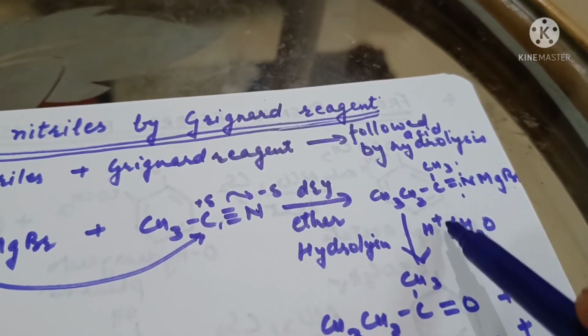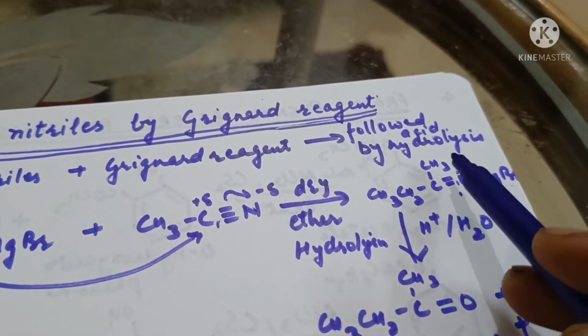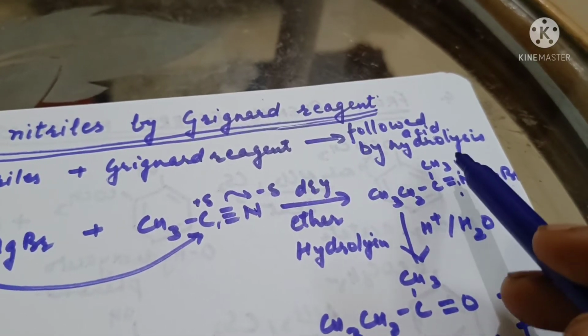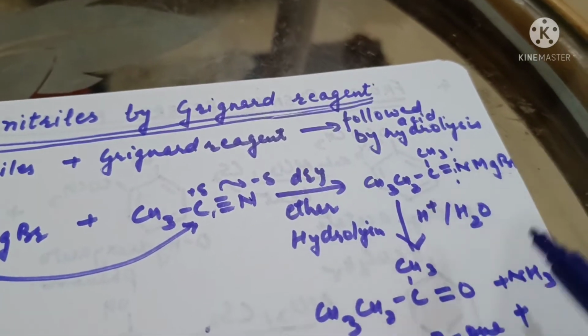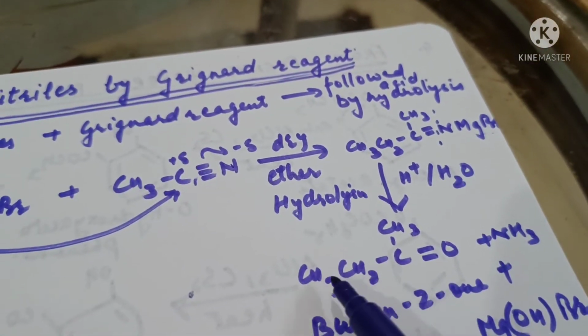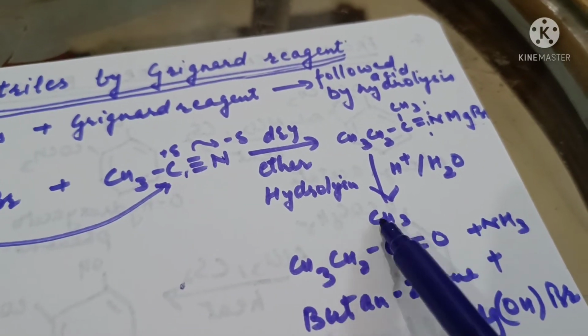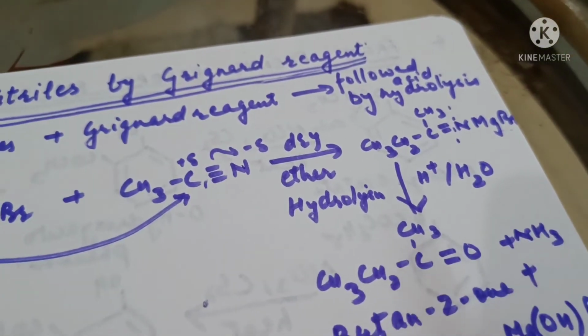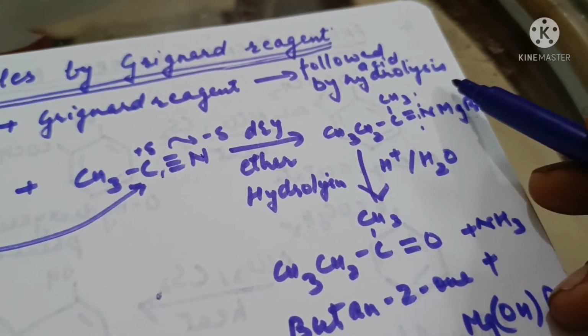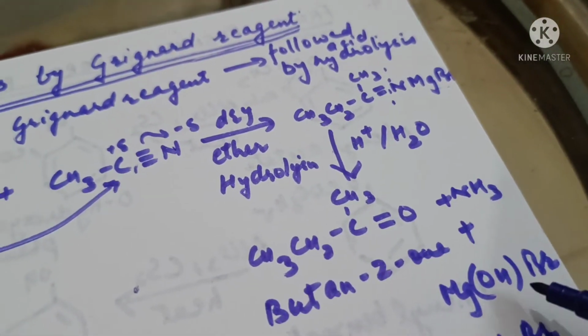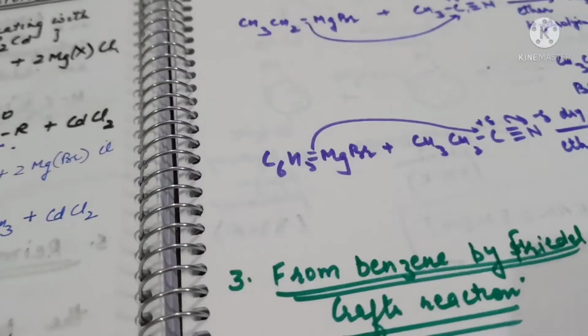And on reacting with acid and water, or on hydrolysis, O comes here and 2H here. So we get CH3CH2C(CH3)=O. And again, another water molecule, H over here and OH over here, to get NH3 and magnesium hydroxybromide.